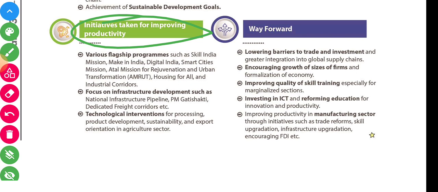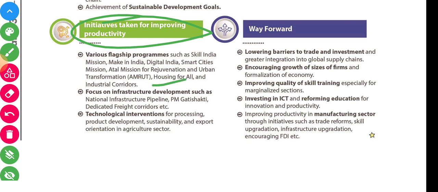Various flagship programs such as Skill India Mission, Make in India, Digital India, Stand Up India, Smart Cities Mission, Atal Mission for Rejuvenation and Urban Transformation, Amrut Mission, Housing for All, and Industrial Corridor.